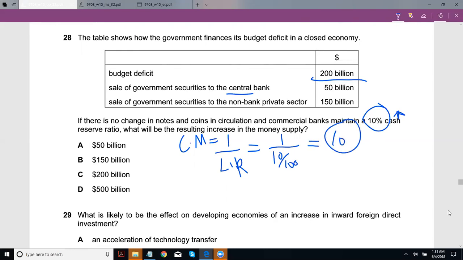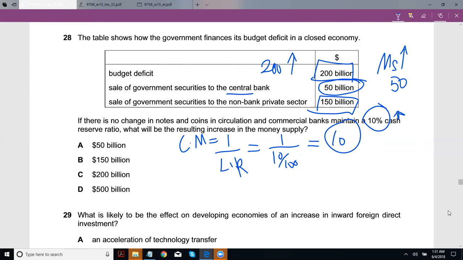Now, if you look at the overall increase in money supply, if you sell to the non-bank private sector, that doesn't increase your money supply, but if you sell to the central bank, that does. So your money supply should increase by 50, and the reason is because the deficit is 200, right? So you're already kind of increasing money supply by 200.